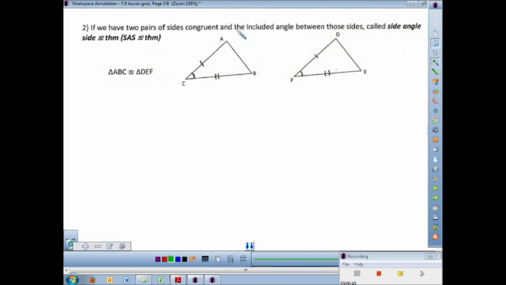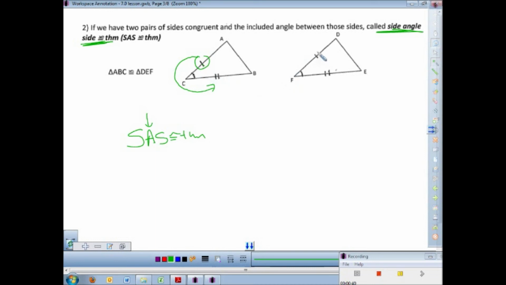Another way is called side-angle-side congruence theorem. Now notice when it's written like this, it's a side, then an angle, and then a side. This angle is between the 2 sides. Like if I start from this tick mark and go around counterclockwise, I've got a side, then this arc mark right here, and then another side: single tick mark, single arc mark, double tick mark.